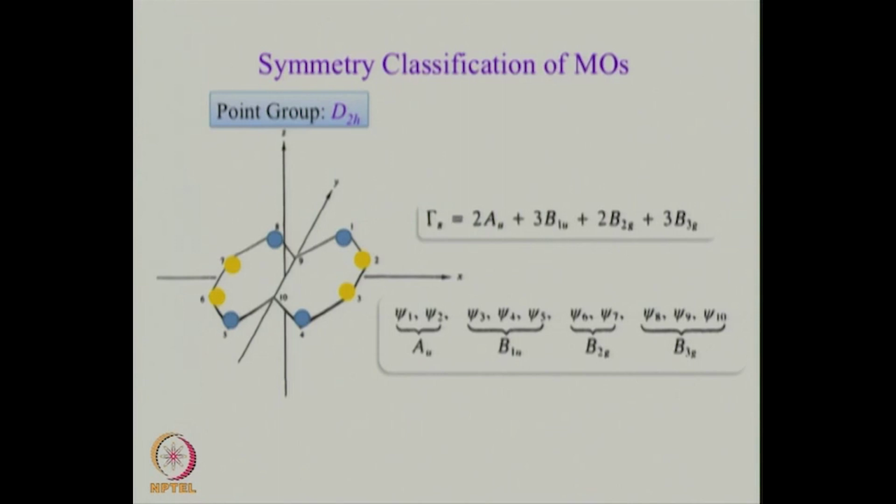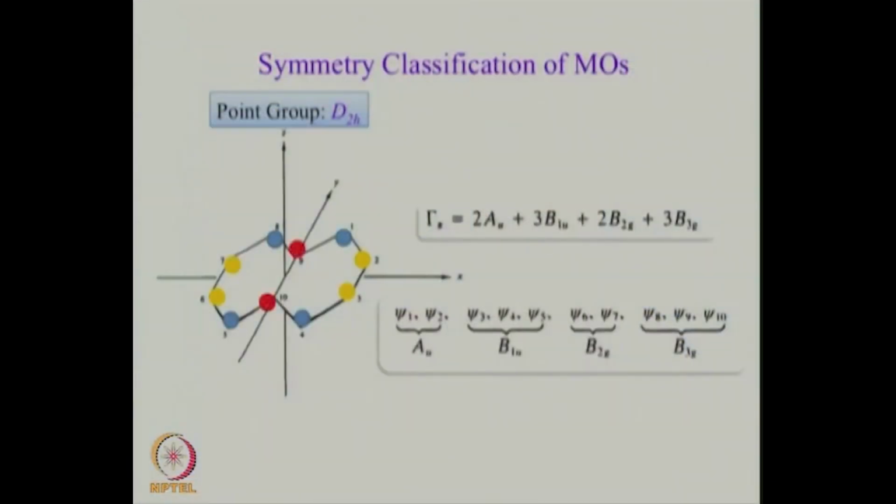Both groups have 4 p orbitals each. So they are going to have very similar symmetries at the end of the game, and we are left with one more pair, 9 and 10.